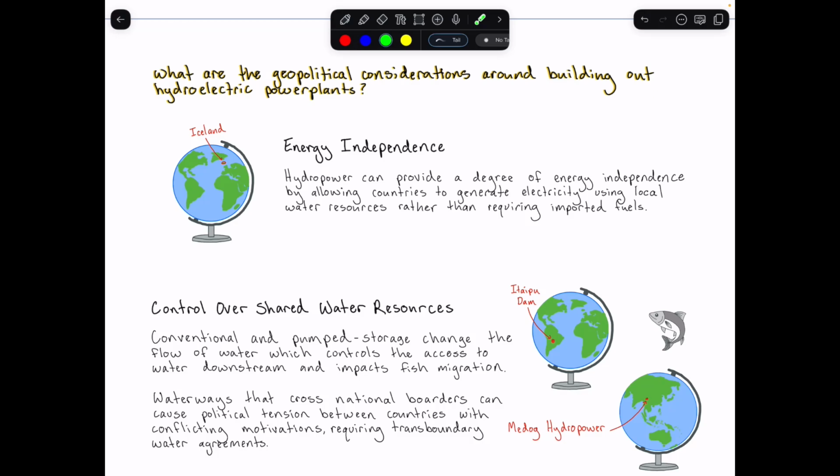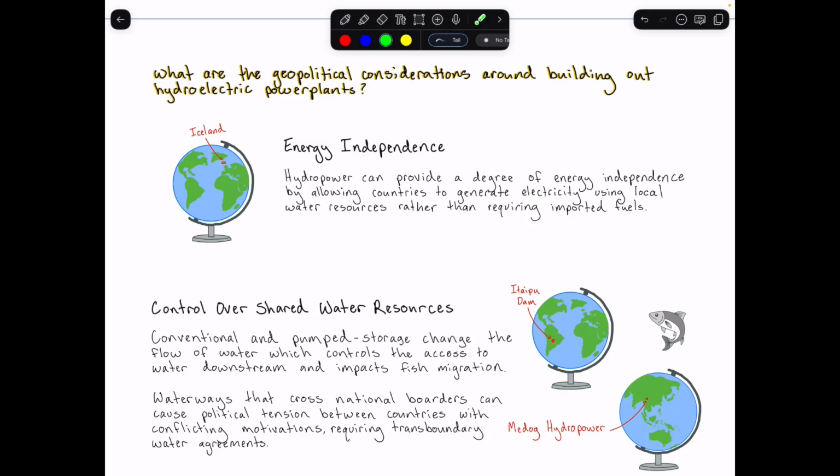When a river is impacted by a hydroelectric power plant and it crosses national borders, the dam can become a point of political tension between countries with competing interests. An upstream country wants to control that water flow in order to support electricity generation. But downstream countries may view this as a threat to their water security and their agricultural industry if they use that water resource for it.